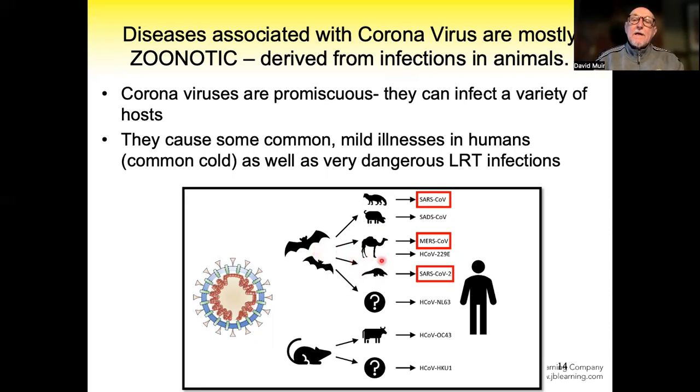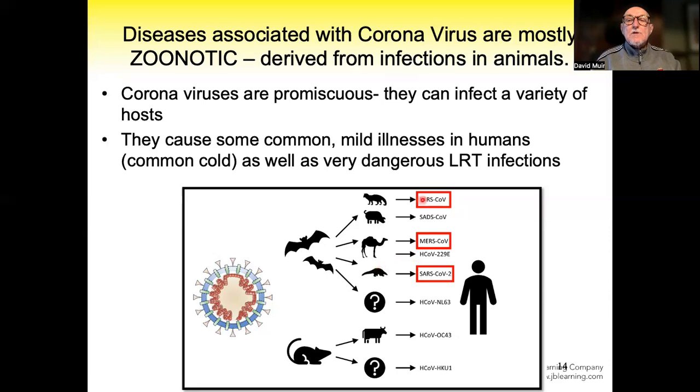So for SARS-CoV-2, it is not yet clear how we acquired it, how it entered the human population. That is a matter of speculation, but it is believed to have been from animals that were being sold in an animal market in China.